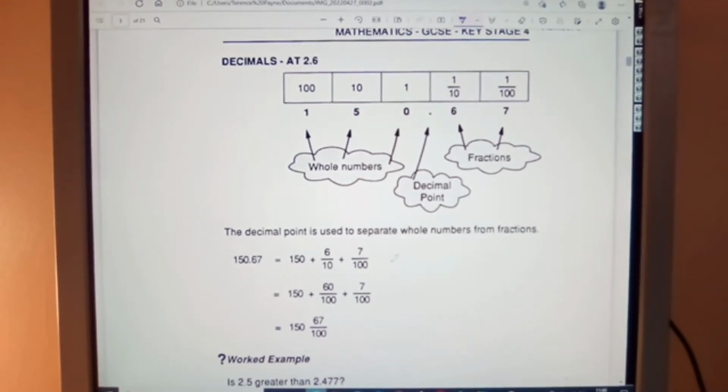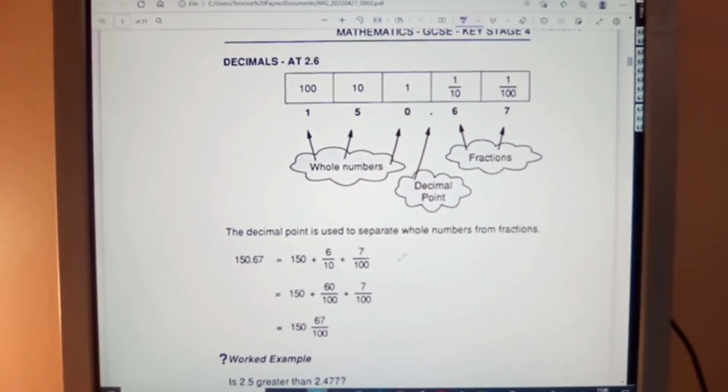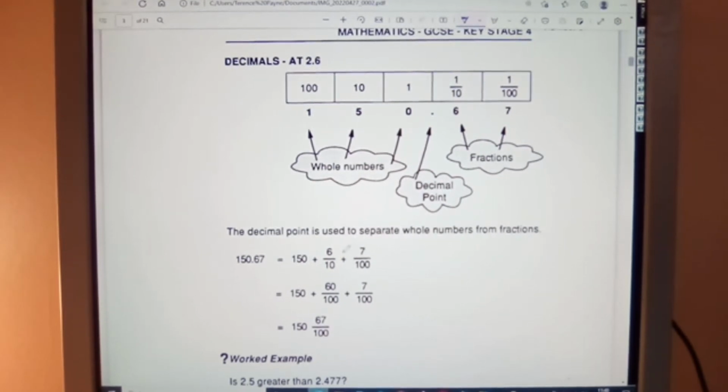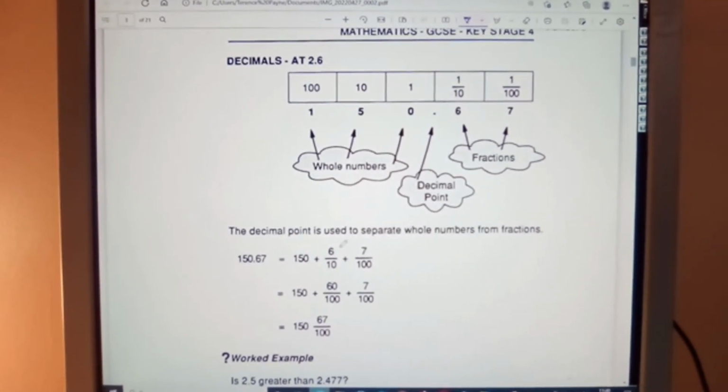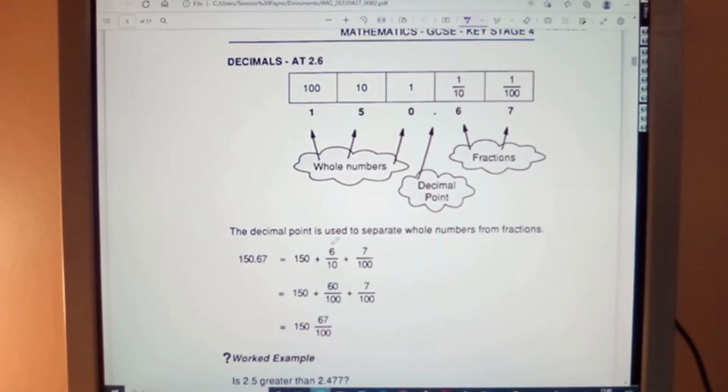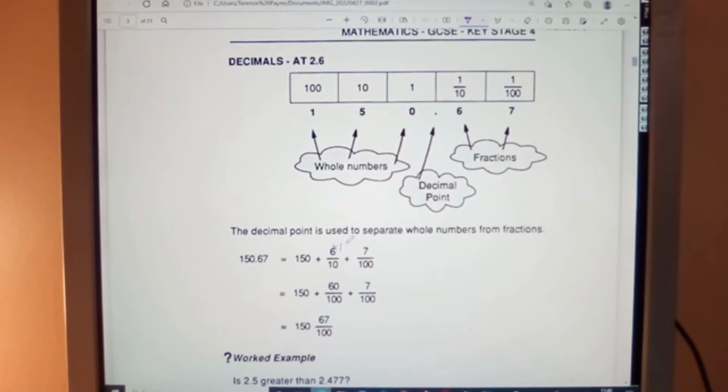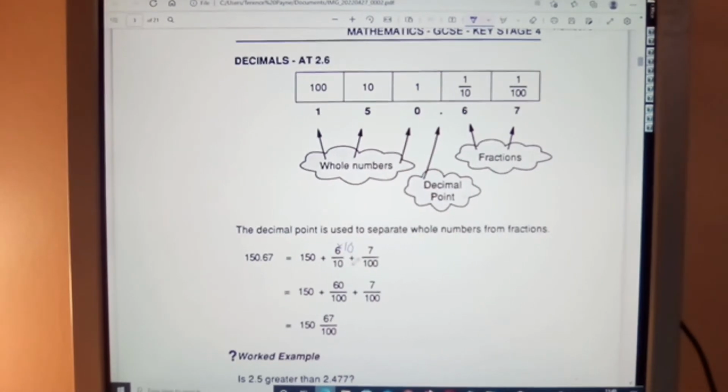So when we multiply this by 10, all I'm going to do is multiply that by 10. 10 times 6 is 60.